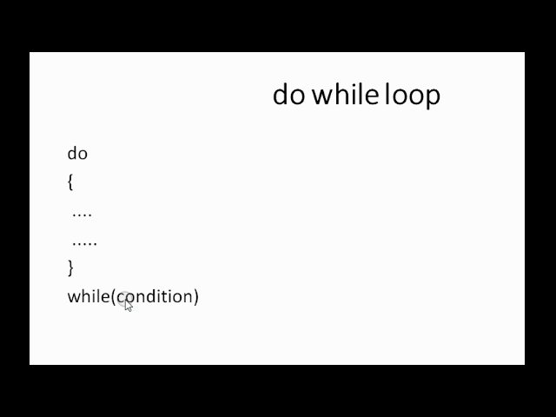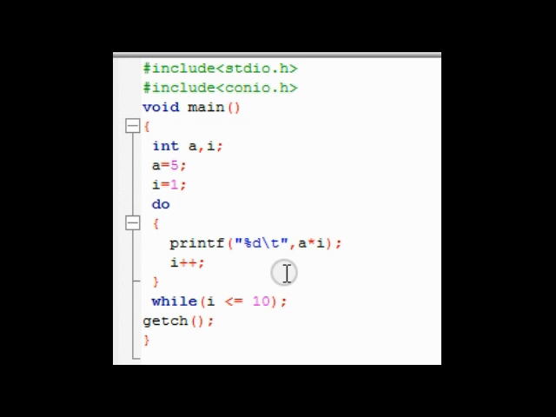You can use a do while loop when you have to execute the code at least once. Here's a simple example of a do while loop where we print the first 10 multiples of 5. Here you can see the do statement and the while condition.